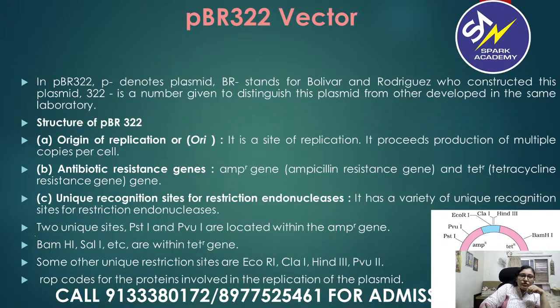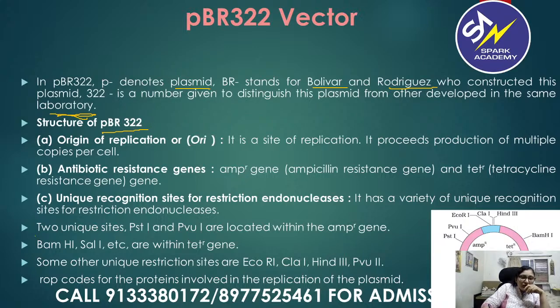P denotes plasmid, BR stands for Bolivar and Rodriguez, who constructed this plasmid, and 322 is the number given to distinguish this plasmid from others developed in the same laboratory. That's why it is PBR.